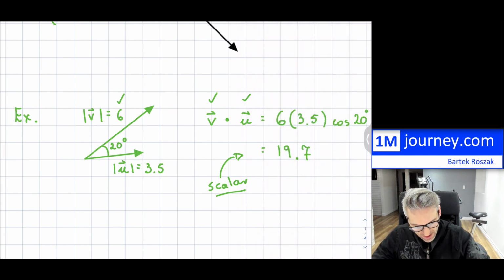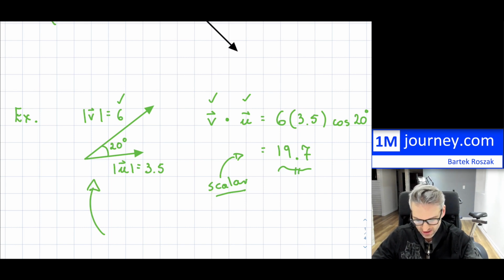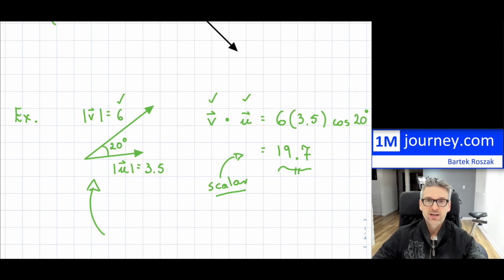That is really what the dot product is. Now, in this case, we have represented this with the assumption that we know what the magnitude is, and we also know what the angle in between is. But that's not always the case.